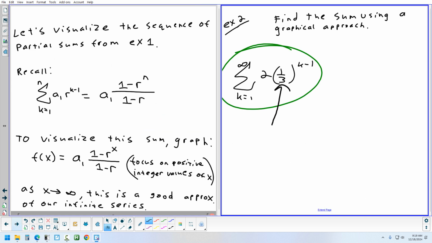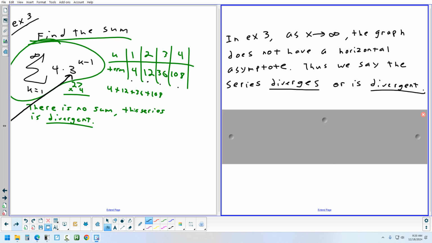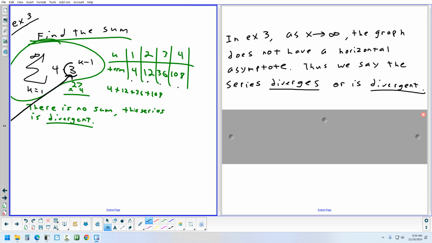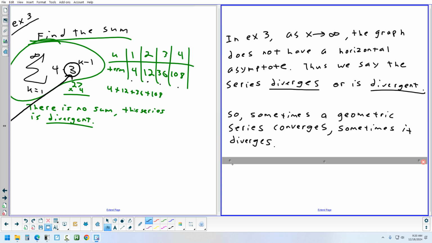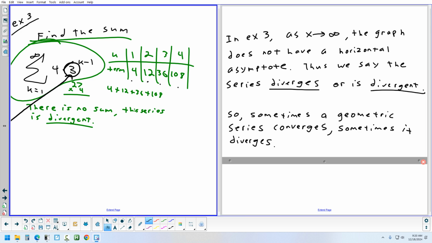Okay. Yes? So if it was 1, would it have a vertical asymptote, or would it be like the last one where it's like infinite? You mean if this was exactly a 1? Exactly. We'll see what happens in a second. Okay. Yeah. So when you're trying to add up a geometric series, sometimes it'll converge, sometimes it'll diverge, and it all depends on that number.